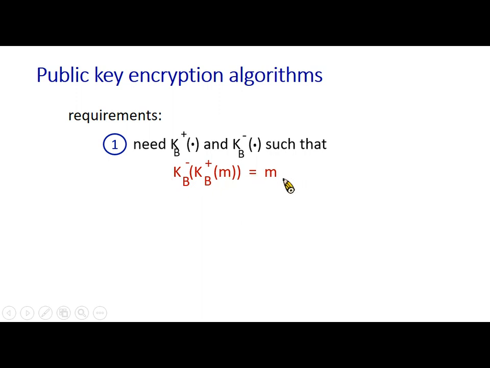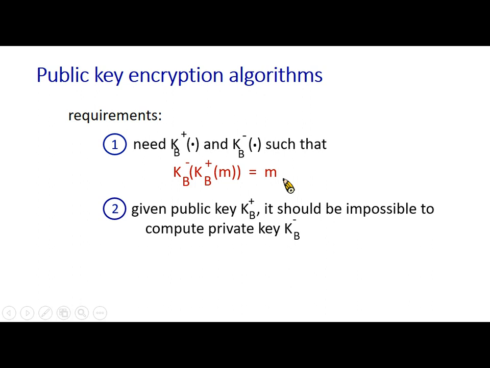That's the first requirement. Second, given the public key, it should be impossible to compute the private key KB minus. Even given the public key, we cannot calculate the private key. This is very important.